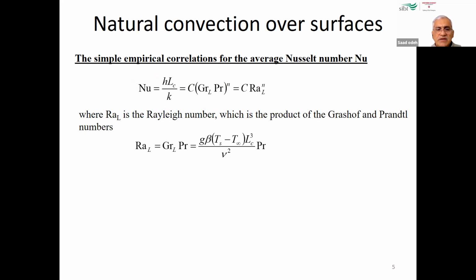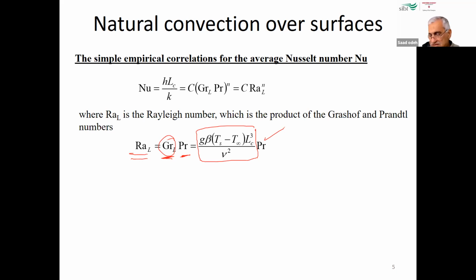Okay, so now, as we said, the Rayleigh number is the multiplication of Grashof number and Prandtl number. Because Grashof number is represented by this formula, we've done this before, in the previous slide. We multiply by the Prandtl number to get the Rayleigh number.